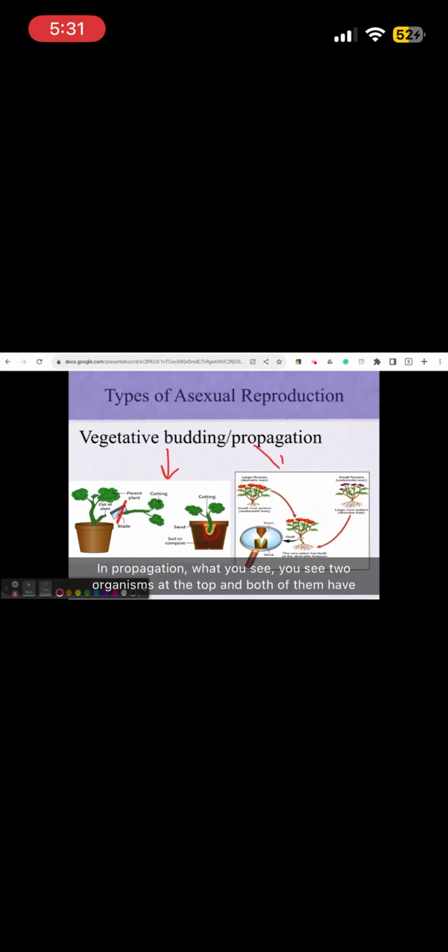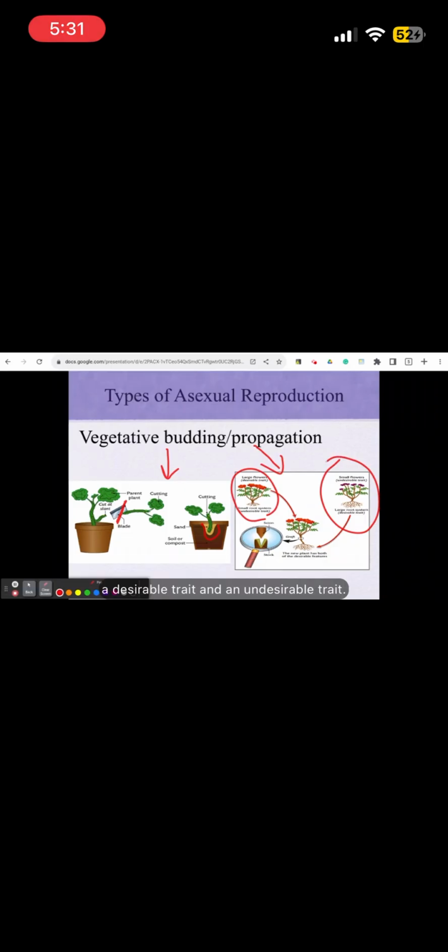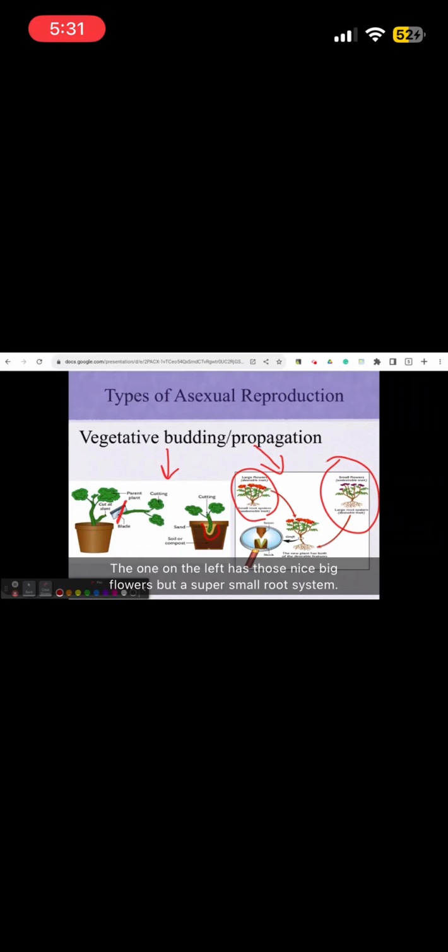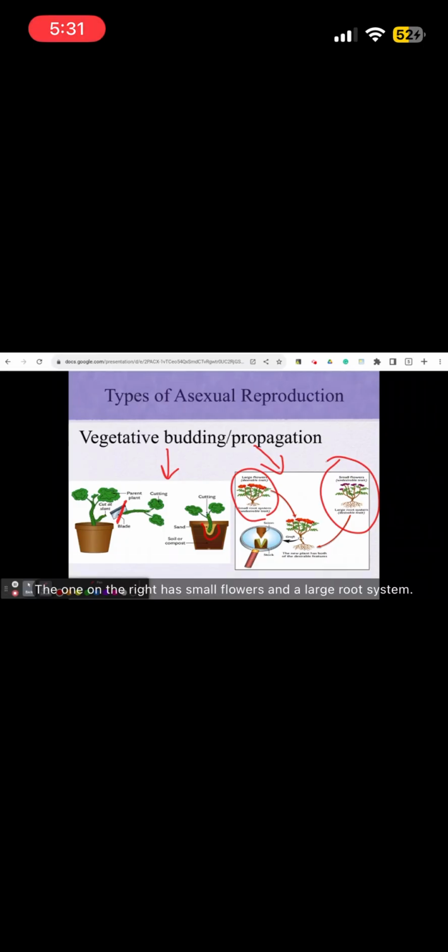In propagation, what you see are 2 organisms at the top, and both of them have a desirable trait and an undesirable trait. The one on the left has those nice big flowers, but a super small root system. The one on the right has small flowers and a large root system.